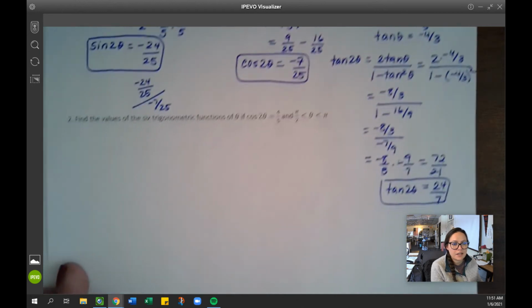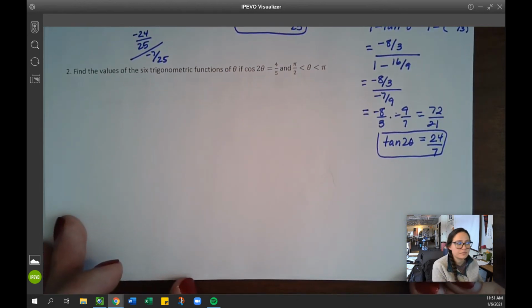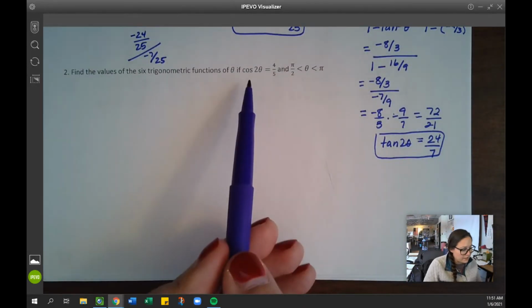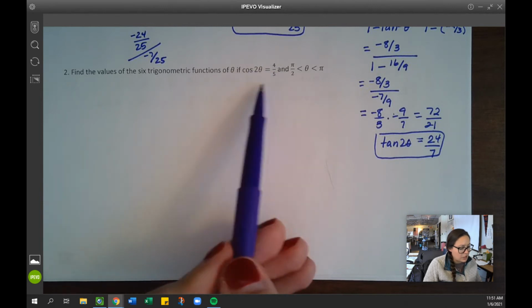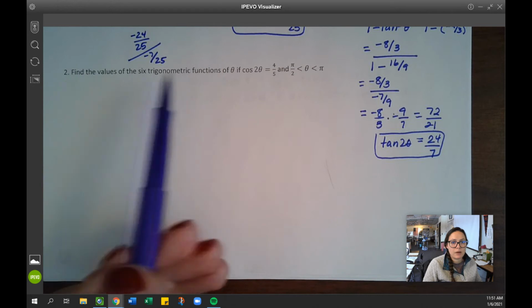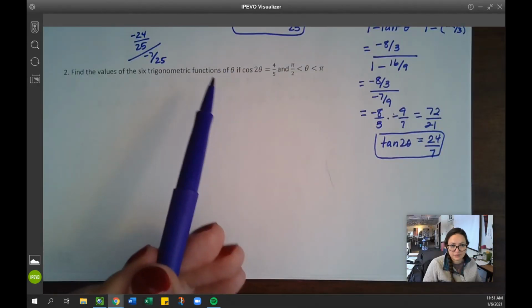All right, example 2. We're going backwards for this one because now we are given the value of cosine 2 theta, and we have to go back to theta.